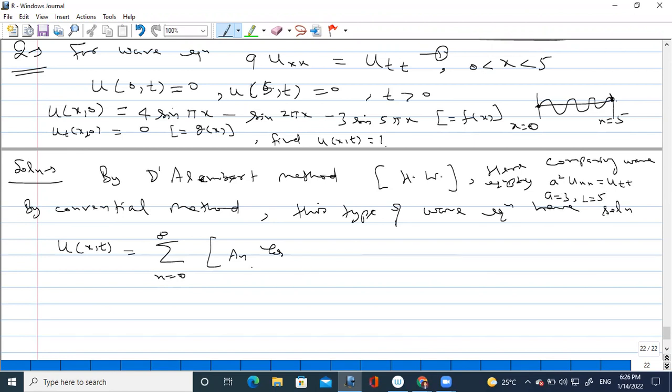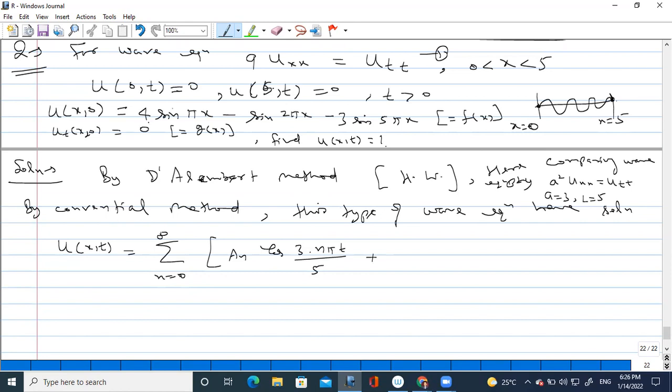Okay. So it will become An cos(n pi a t by L). In place of a I am writing 3, n pi t by L, in place of L I will write 5, plus. So Bn I can leave. Why?